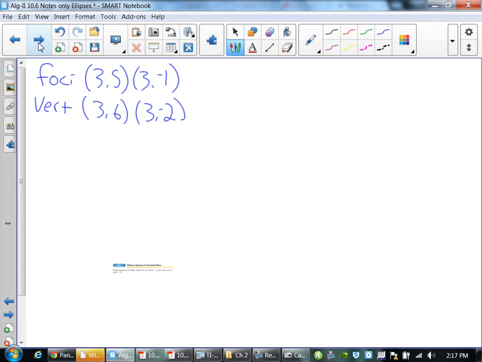So if my foci are at (3, 5) and (3, -1), and my vertices are at (3, 6) and (3, -2), what do you think I should do first to figure out what direction this is going? Plot it first. If my focus is at (3, 5) and my other one is at (3, -1), what direction does this have to go?